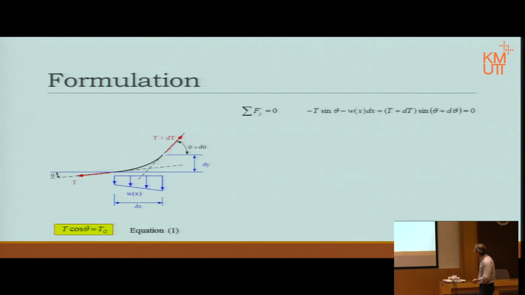The first term, t, has the component sine theta pointing down, then minus. W is down, minus w dx, which remains similar to a constant with a small dx. Then the last term, t plus dt, into the sine of the angle, sine of theta plus d theta. Okay, so we have the term.